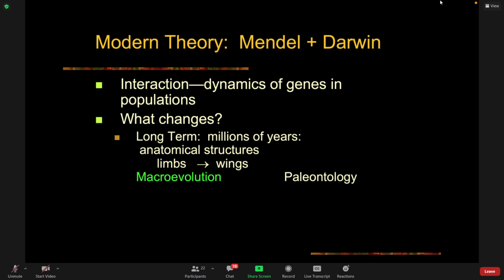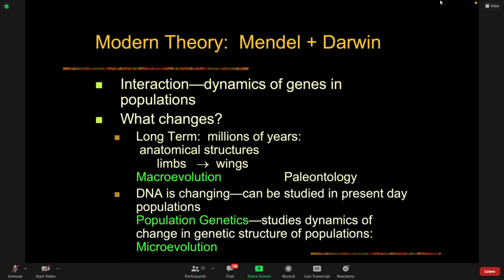That is the area of macroevolution. With microevolution, and of course even with macroevolution, DNA is changing piecemeal as mutations arise, and those mutations are then tested by the environment, all right? Selected for if they're beneficial, selected against if they're detrimental. And we'll look at more details on that a little bit later on.